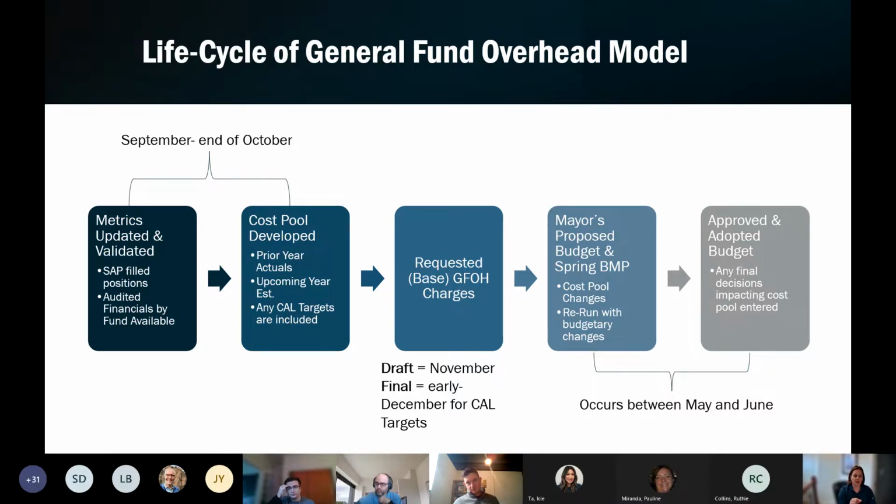And then the last opportunities for changes to the cost pool, once it first starts with the mayor filing the proposed, would be if there are changes via decision package that council would make in either the approved or the adopted phases. And at the end of that is when it becomes the final adopted overhead model and cost pool.